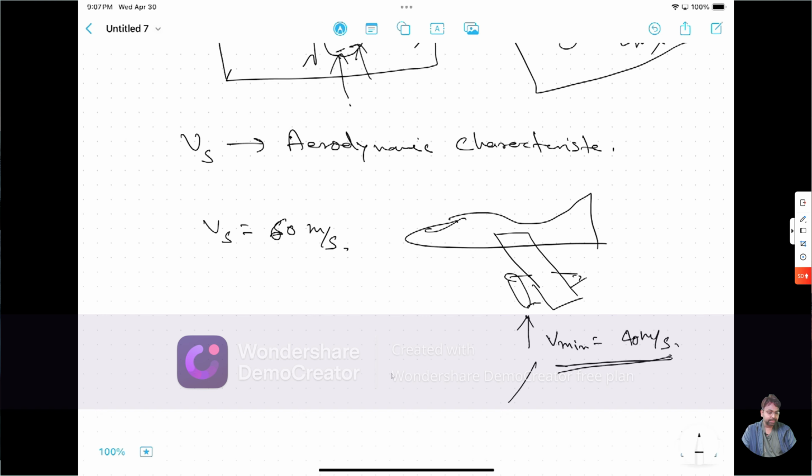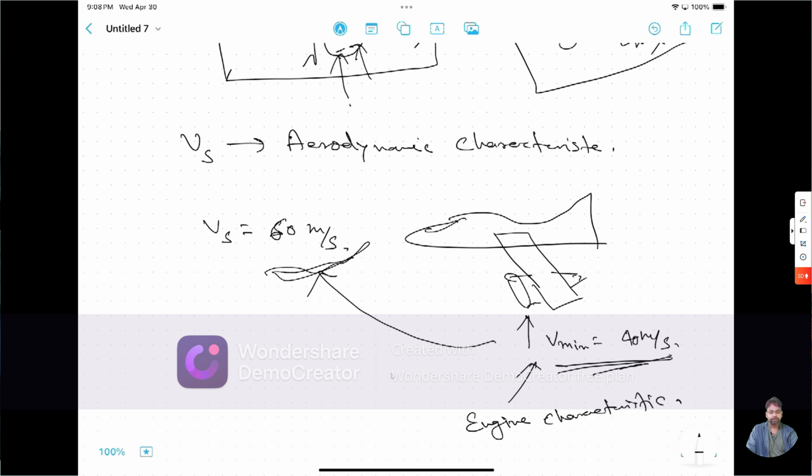Is it okay? So we can say this is the engine characteristic guys, because this is defined by the engine characteristic. So this aircraft can never fly with this speed, because the aerodynamics will stop this aircraft up to here. It can maintain the minimum velocity of 60 meter per second aerodynamically. Is it clear?